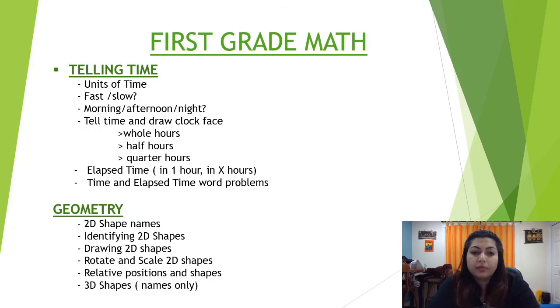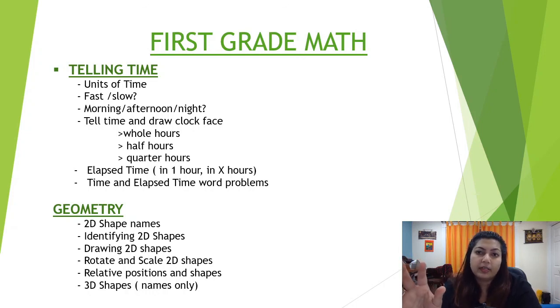Geometry is mostly focused on 2D shapes and identifying and drawing them, and their relative positions. And 3D, we do only the names, we don't do anything else. So we don't have to talk about number of faces and vertices and all that.